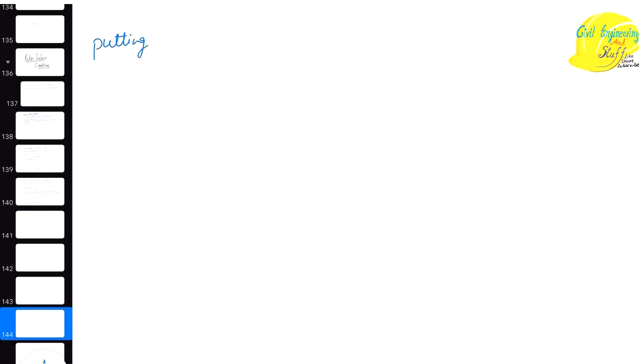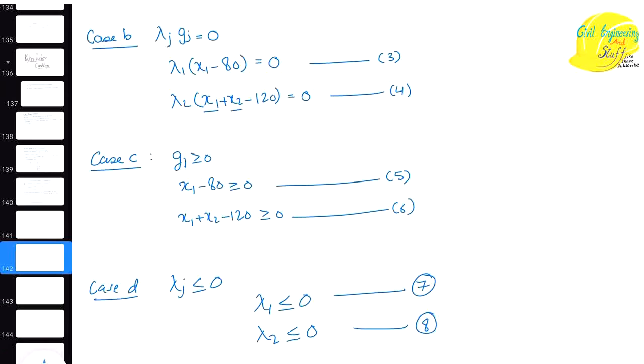Our equation 4 is lambda 2 times (x1 plus x2 minus 120).